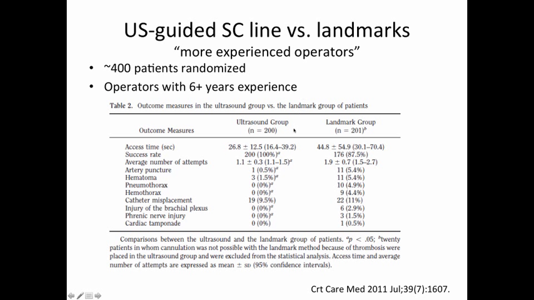And again, you find that down the line, the success rate was 100% with ultrasound versus only 87% with landmarks, so much better than what we saw in the novice group, but still statistically different and probably a clinically significant difference as well. You're more likely to get it on the first try versus an average of 2 tries with landmarks, and then again down the line, much less likely to have these complications of hematoma, pneumothorax, hemothorax.